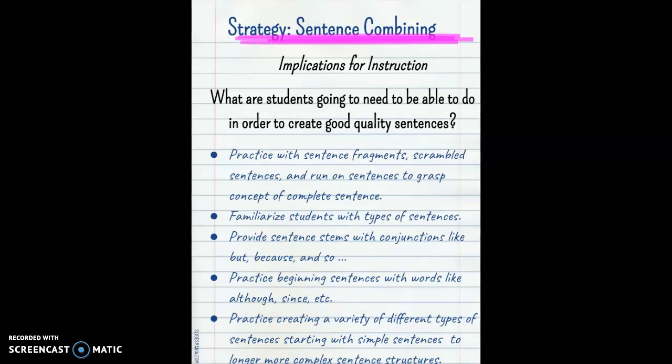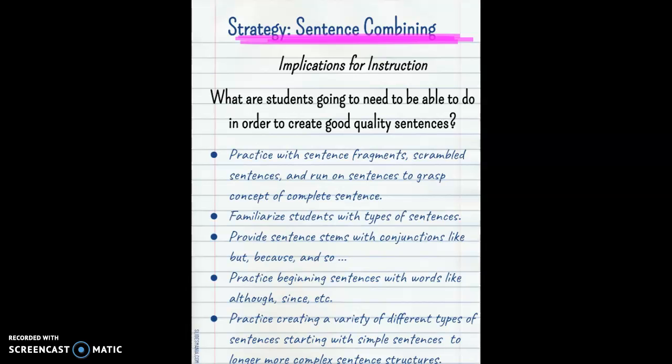What are students going to need to be able to do in order to create good quality sentences? Take a minute to read these 5 points. Providing sentence stems enables them to think critically and understand more complex sentences in their own writing.